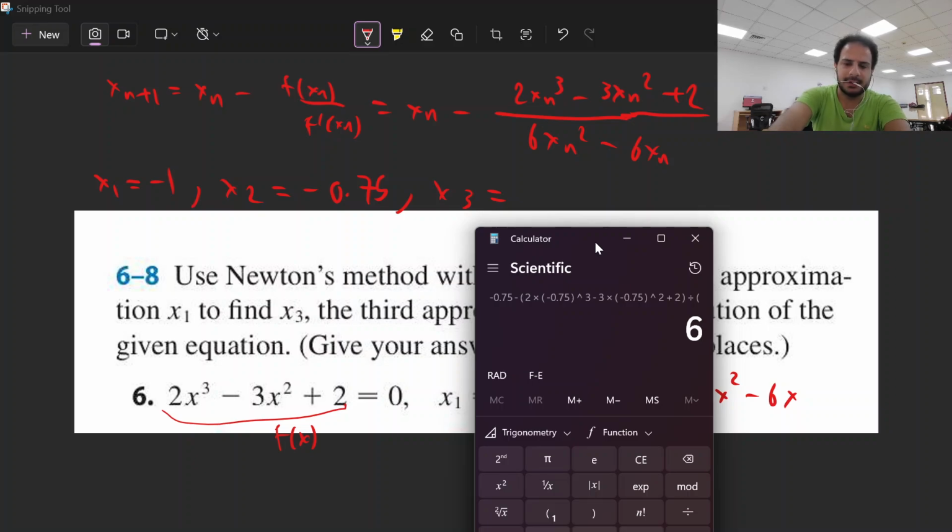You get 6 times (minus 0.75) squared, then plus 6 times 0.75, because it's minus times minus, it's positive. Close the parenthesis now. You get this number.